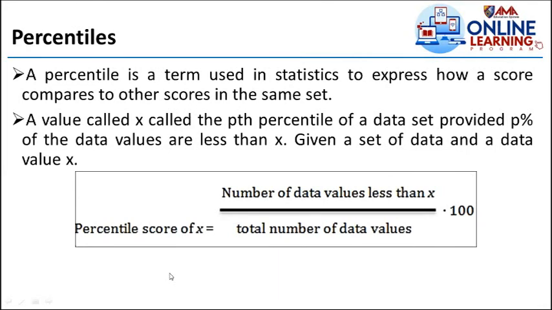A percentile is a term used in statistics to express how a score compares to other scores in the same set.